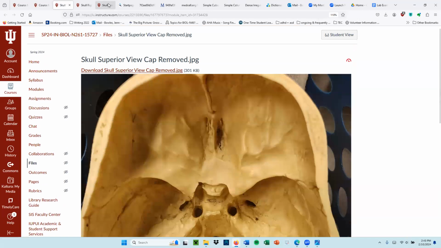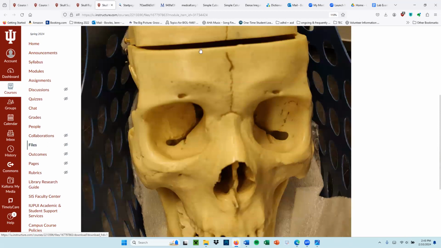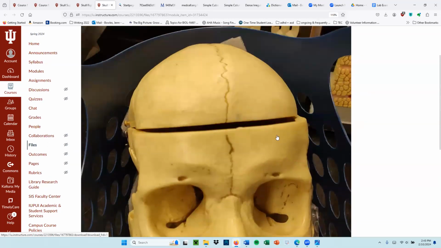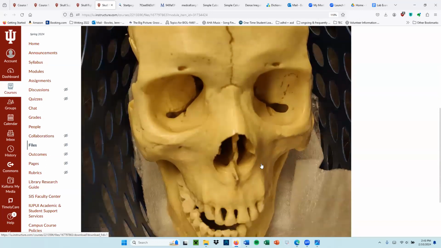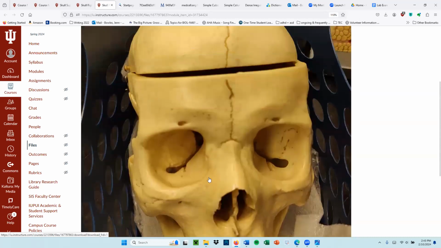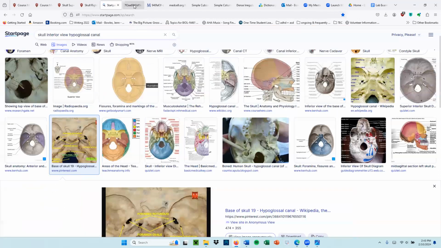So kind of the facial bones get a little questionable because they're kind of blended together, especially on our models. So study these, but I would pay close attention to your sutures and your bones of the cranial vault. And then maybe, there's a couple things I could ask you about maxilla or mandible. We did spend a lot of time going over landmarks of the mandible, but that hopefully gives you some direction for studying the exterior view.